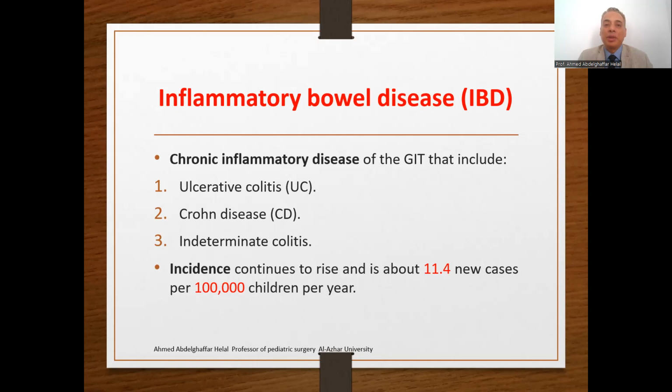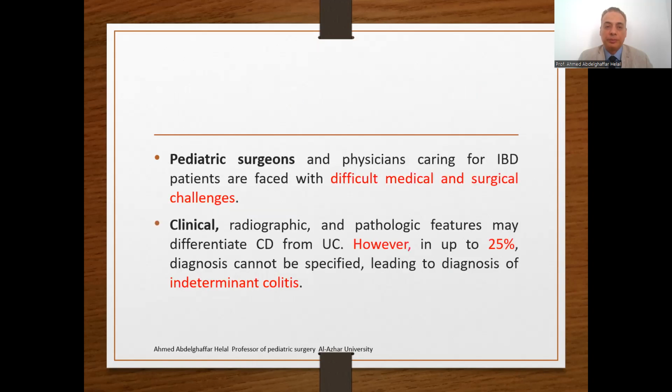And the third one: if there is no clear demarcation between ulcerative colitis and Crohn's disease, and you cannot reach a definitive diagnosis, in such a case the diagnosis will be classified as indeterminate colitis. Actually, pediatric surgeons caring for and treating these children are faced with a difficult medical and surgical challenge.